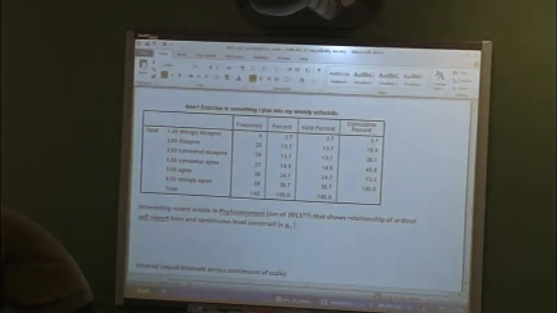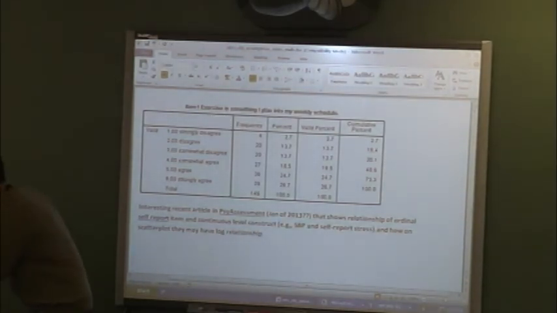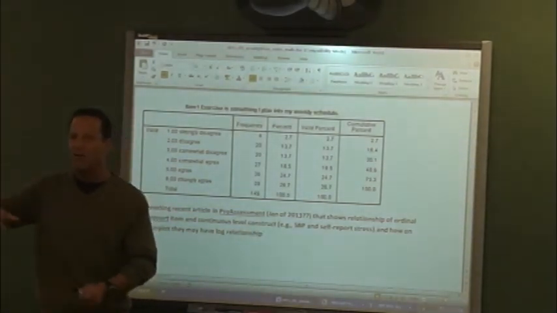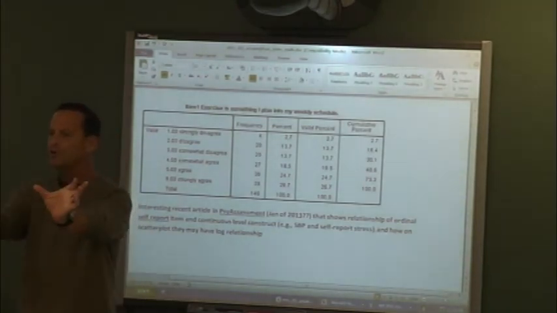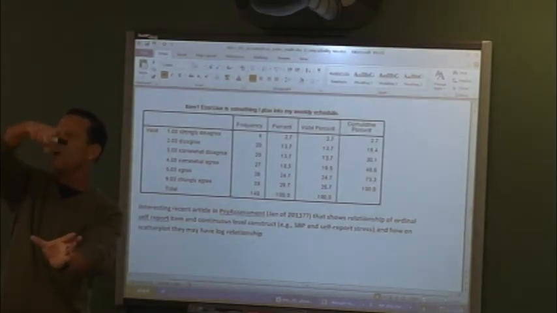For example, maybe systolic blood pressure, which is very continuous, and self-report stress. On a scatter plot they may have a log relationship. What do I mean by log? Exponential. That's a fascinating article that shows I have my 1-point scale, 2, 3, 4, 5, and then blood pressure.